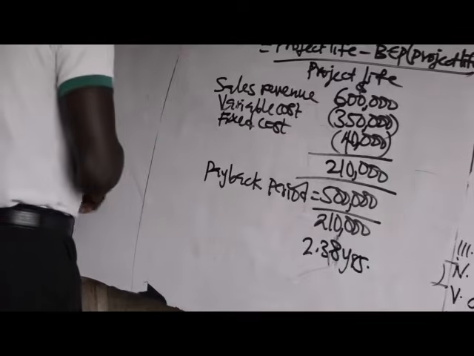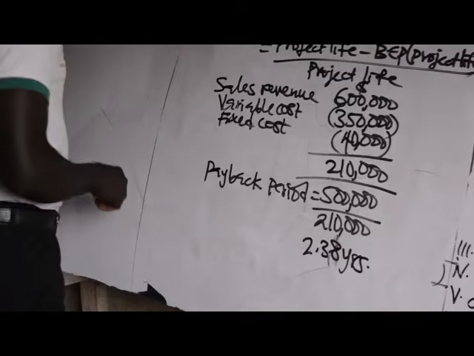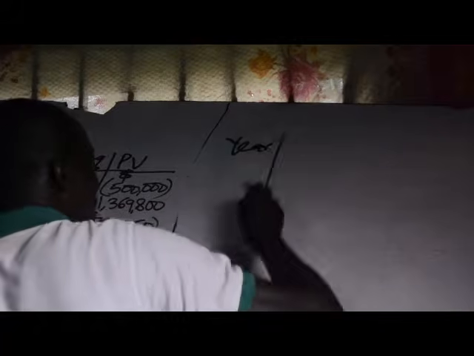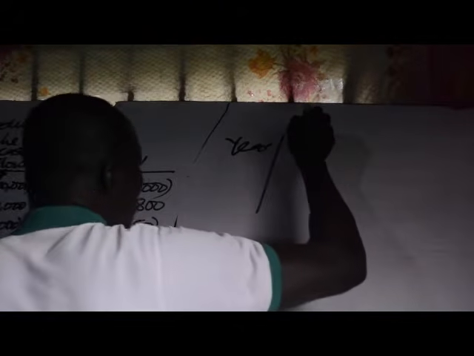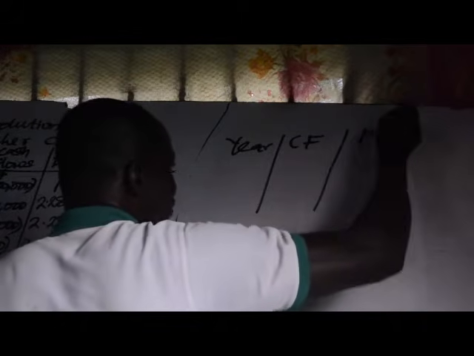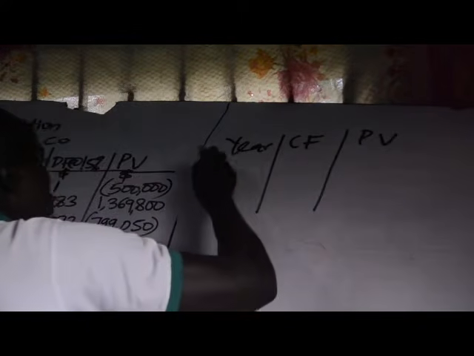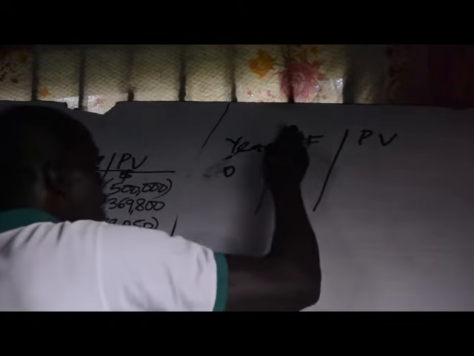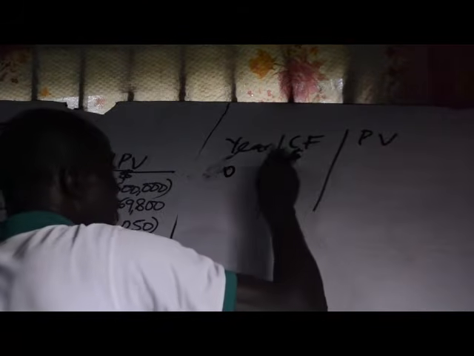Now, let's have the break-even point of the project life. Now let's discount the cash flows. We want to calculate the discounted payback period. We have year, cash flows, and present value. In year 0, an outlay of $500,000.